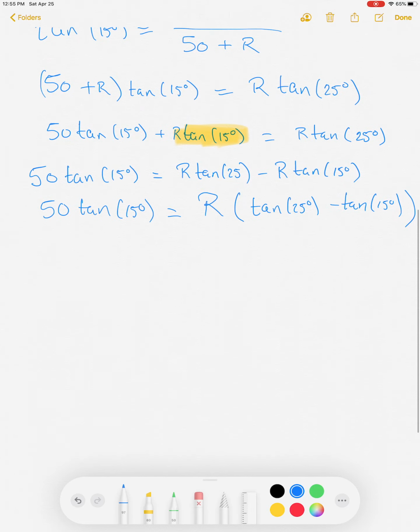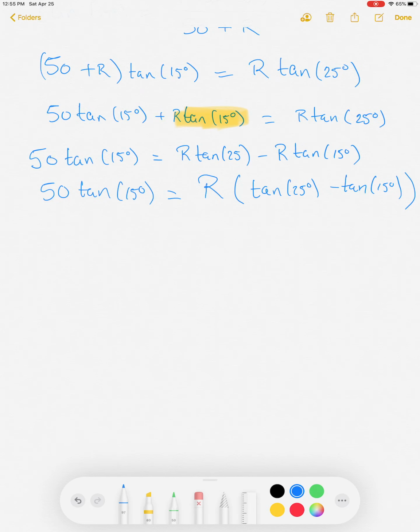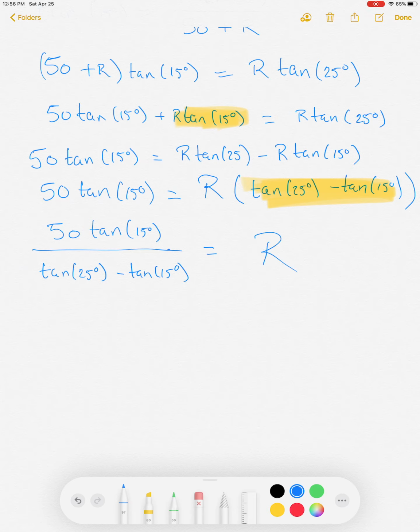That's factoring out an R. And then R equals 50 times the tangent of 15 degrees divided by the tangent of 25 degrees minus the tangent of 15 degrees. So that's my final answer.